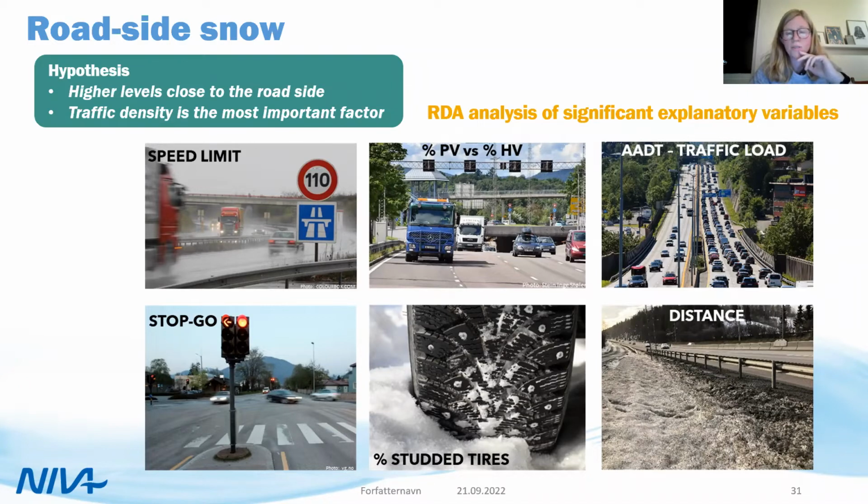We also included the percentage of studded tires, and we looked at distance and a few other things. And doing this, we found that speed limit actually was the most important variable here, which was a bit surprising to us, because usually in these road pollution studies that we've looked at, it's the traffic load that is the most important variable.